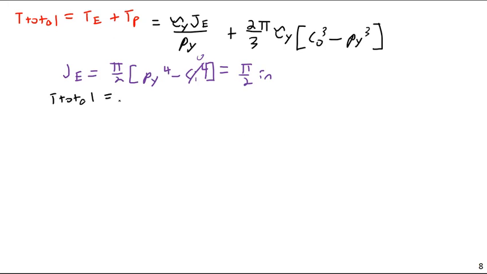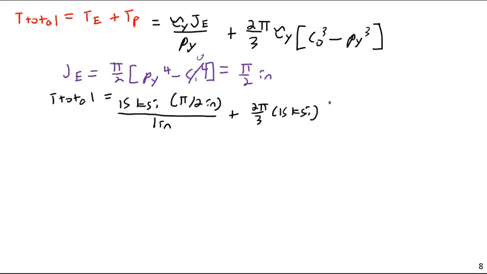And then finally, if we just do more plugging and chugging, T total will equal 15 KSI times pi over 2 inches, over rho yield, which is 1 inch, which we previously found, plus 2 pi over 3 times 15 KSI times 2 inches to the third minus 1 inch to the third.